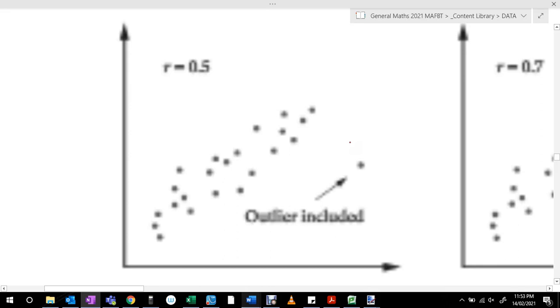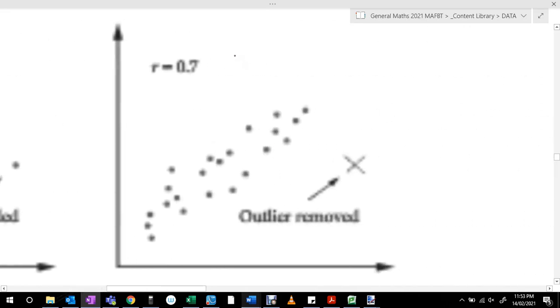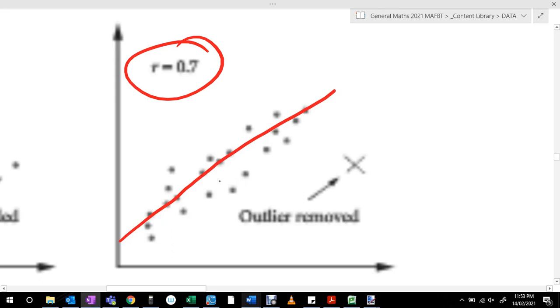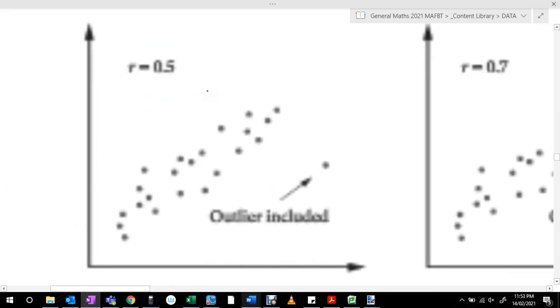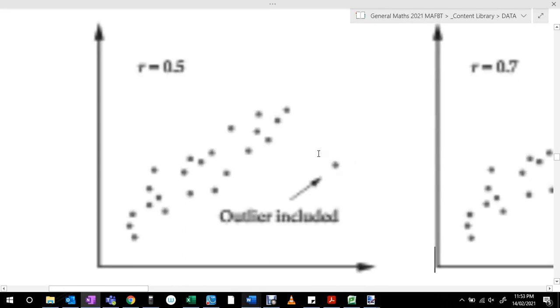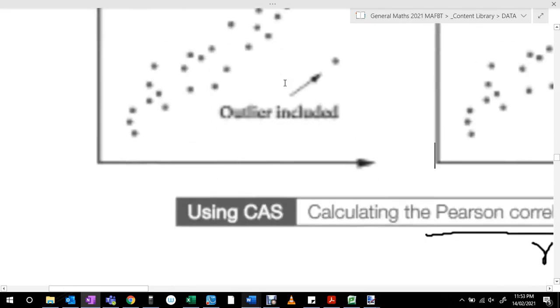But if you were to remove the outlier, notice how the R value now increases. It goes up to 0.7, which is what it should be, because most of the dots are here. So remember, the further apart the dots become, the smaller the R value.